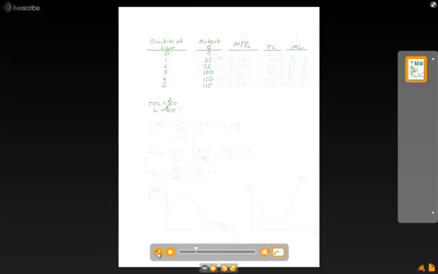Now to calculate our third column, the marginal physical product of labor, what that is telling us is how much more output we get when we hire a unit of labor. The way I have labor set up, our change in labor is going to be equal to 1. So our marginal physical product of labor is simply going to be our change in quantity.